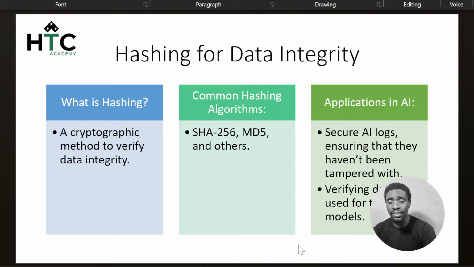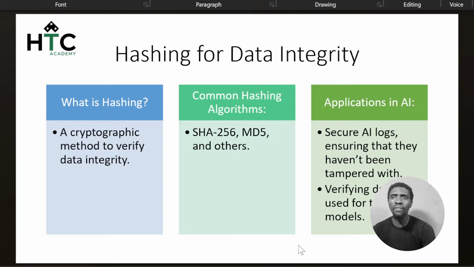Then we need to verify data sets used to train AI, and there are different ways you can verify data sets in AI training. One of them is data versioning, creating a version for every set and encrypting every particular version so that one is able to reverse if there is an issue.